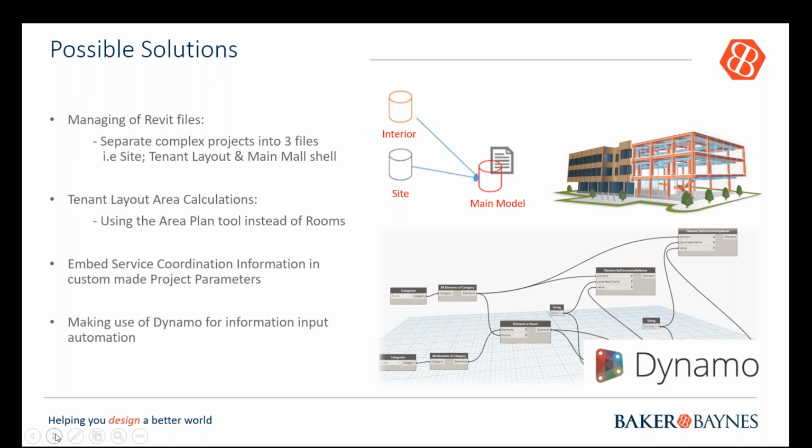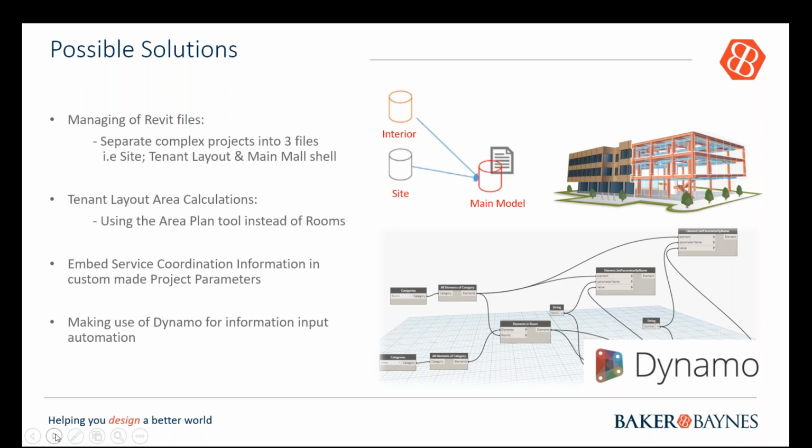So possible solutions would be managing of Revit files. How can we better manage our Revit files? If we have a complex project, we maybe want to look at separating the Revit file into 3 components, depending on what is required.